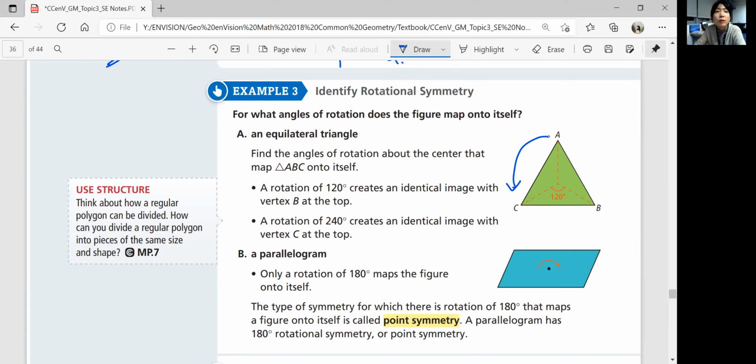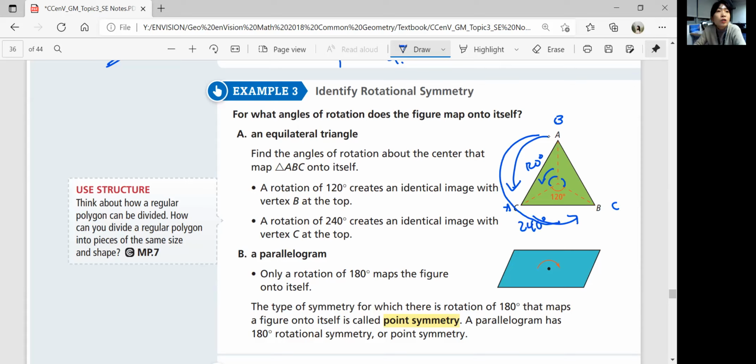In order for point A to map onto C, you need to rotate 120 degrees. So a rotation of 120 degrees creates an identical image with vertex B at the top, right? Then it would be B here, A, and C going over there. A rotation of 240 total, right?